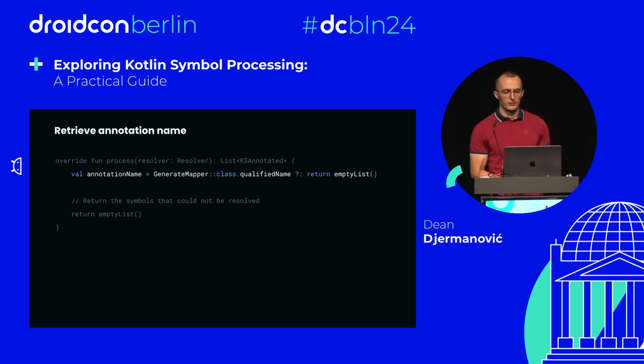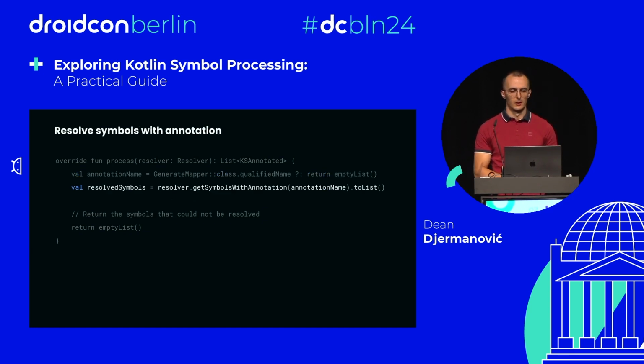And first, we have to get the fully qualified name of the annotation that we are interested in, which in our case is generate mapper annotation. After that, we can call get symbols with annotation on the resolver instance, pass in the annotation name, and convert the result into a list. So this will give us access to all of the symbols that are annotated with generate mapper annotation.